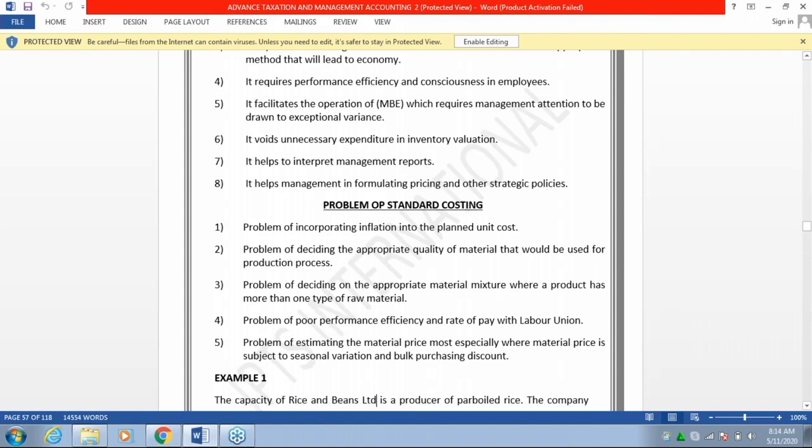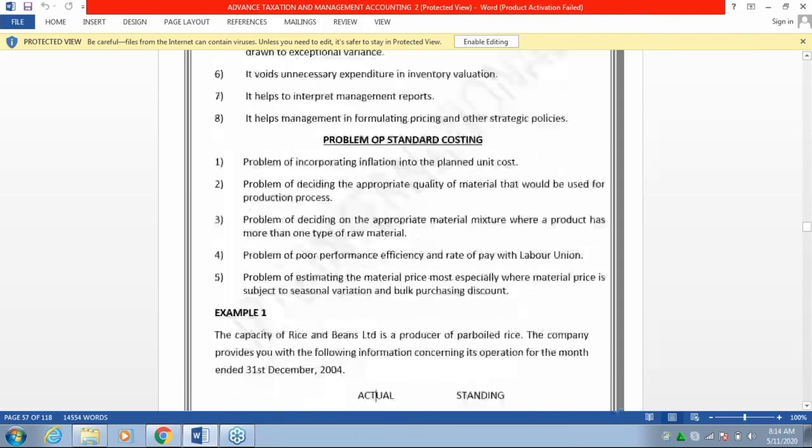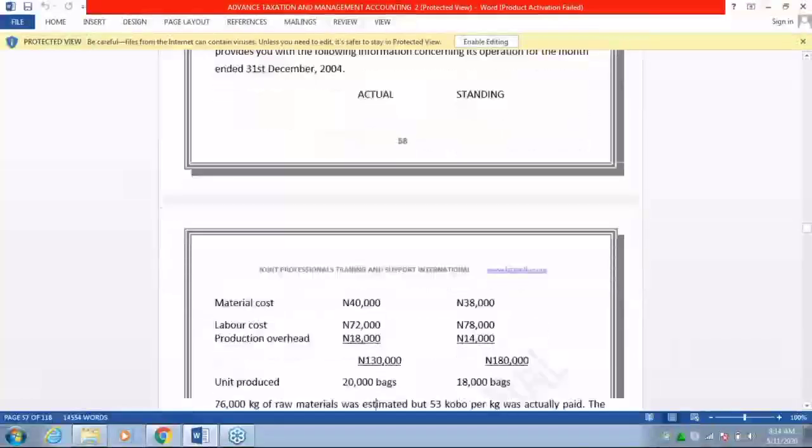The problem of poor performance efficiency at the rate of pay with labor unions. And the problem of deciding on the appropriate material mixtures, where a product has more than one type of raw material, among others.